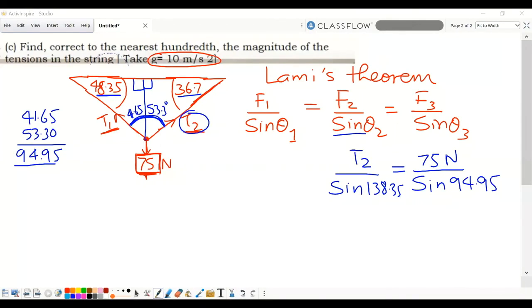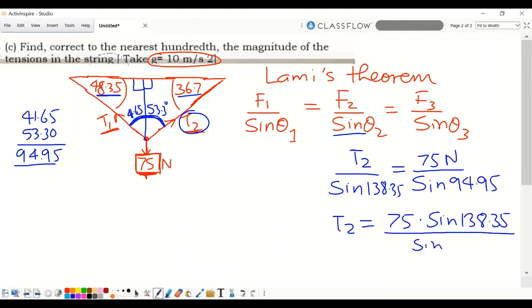So T2 equals 75 times sine 138.35 divided by sine 94.95. And if I use my calculator, it gives me 50.0299, to the nearest 100th.